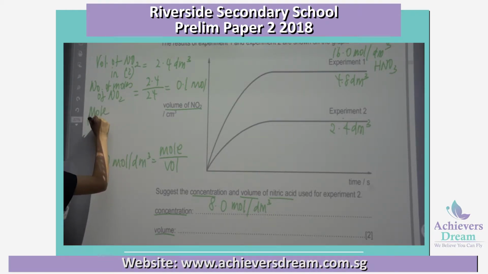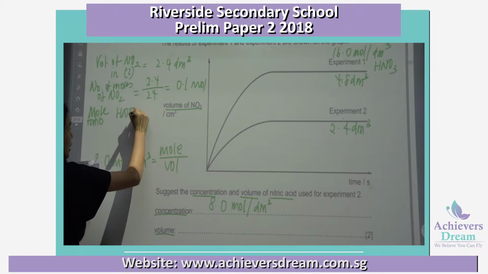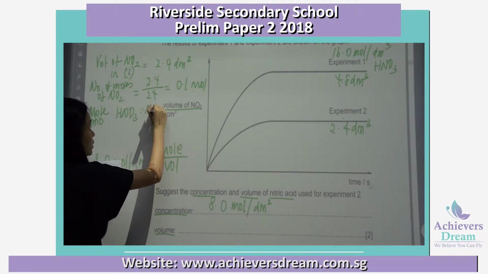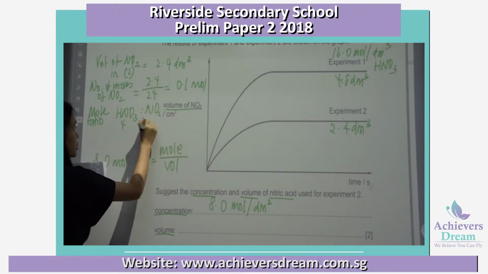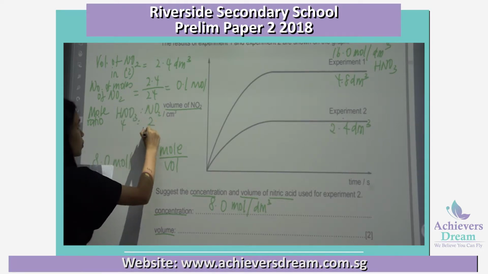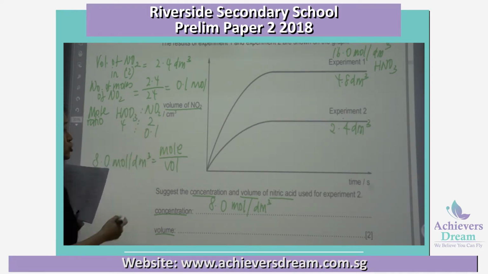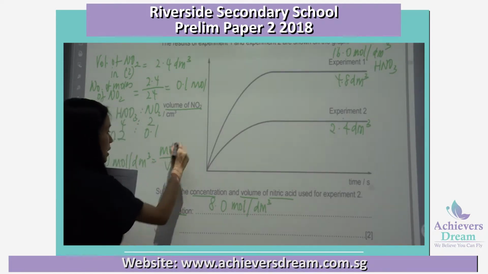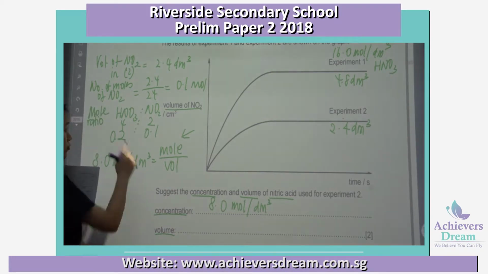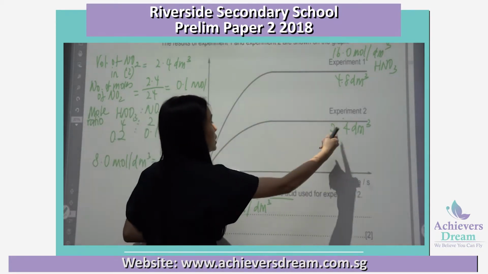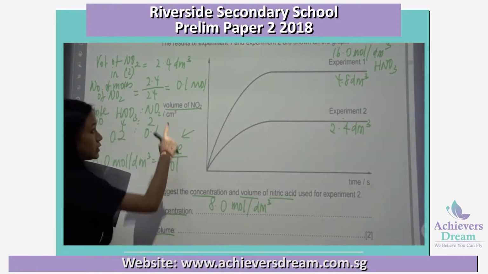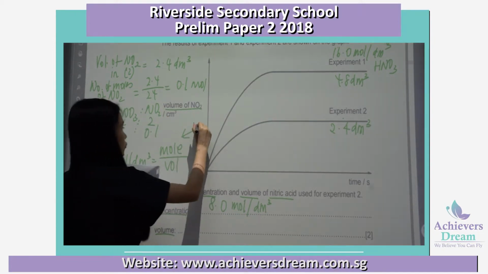In this case, we are looking at the mole ratio between nitric acid and nitrogen dioxide, which is 4:2. So if I have 0.1 moles of nitrogen dioxide, I will have 0.2 moles of nitric acid, correct? This gives us the number of moles of nitric acid when only 2.4 dm cube of nitrogen dioxide is formed.